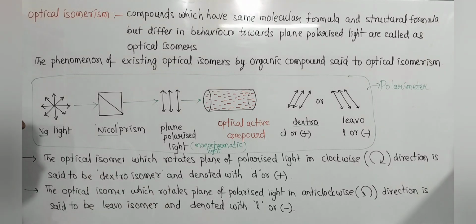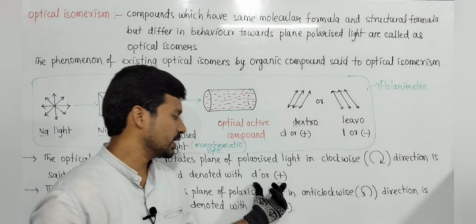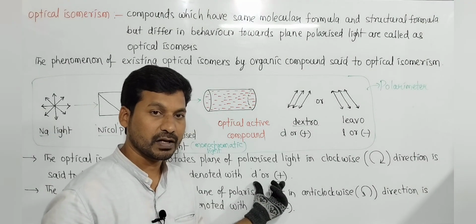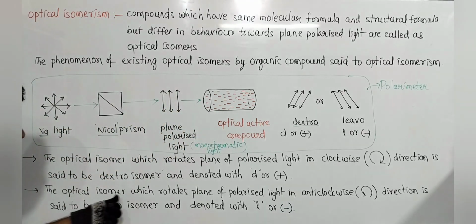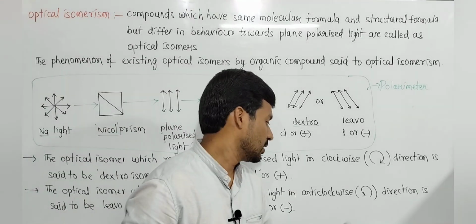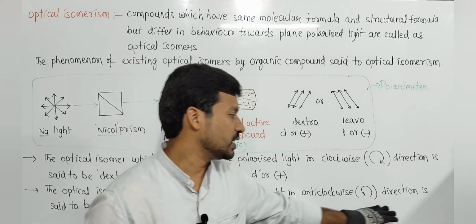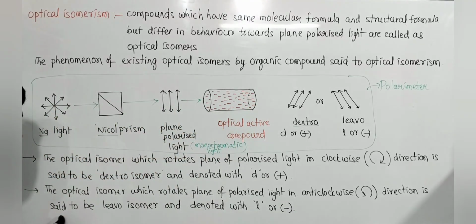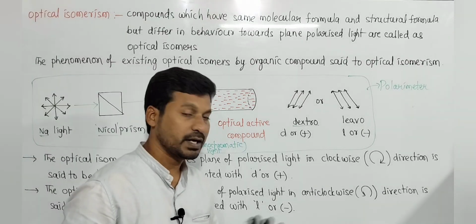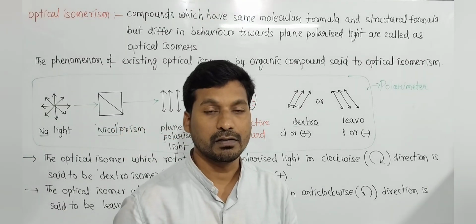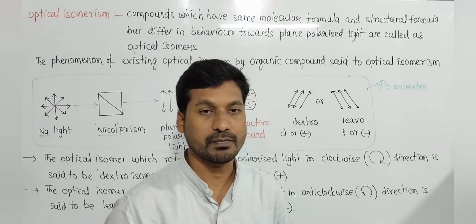Dextroisomer is denoted with a small d, English alphabet, or plus. The optical isomer which rotates plane polarized light in the anti-clockwise direction is said to be levoisomer. Levoisomers are denoted with a small l or minus symbol.